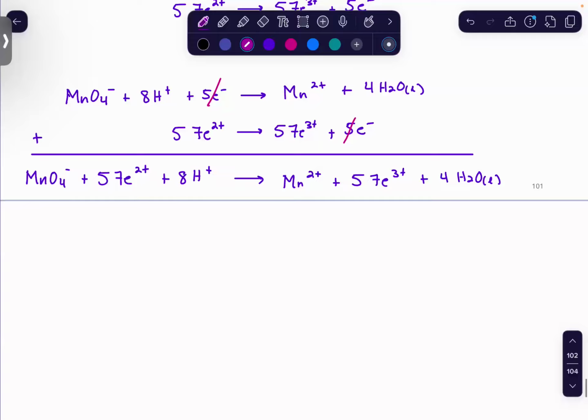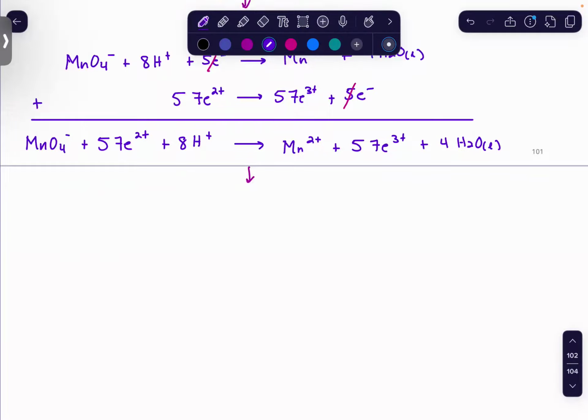So now that means our balanced redox equation is, again, we don't do the hydroxide step because this whole problem is in an acidic solution.